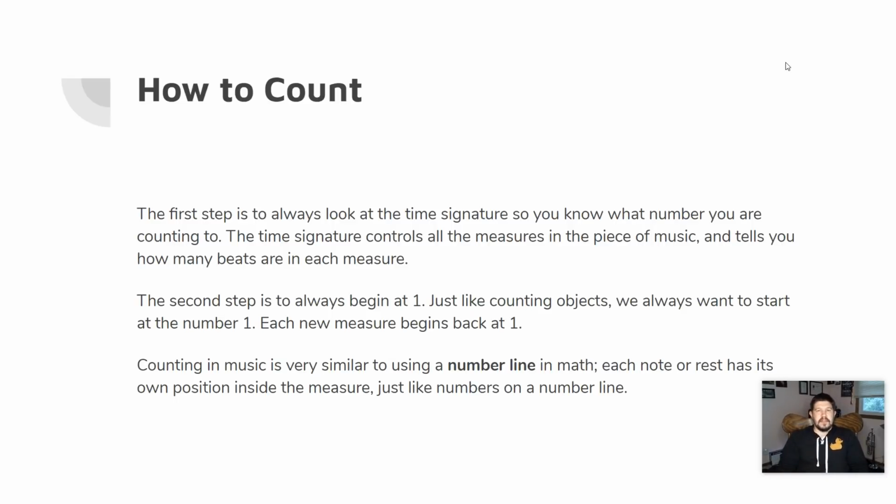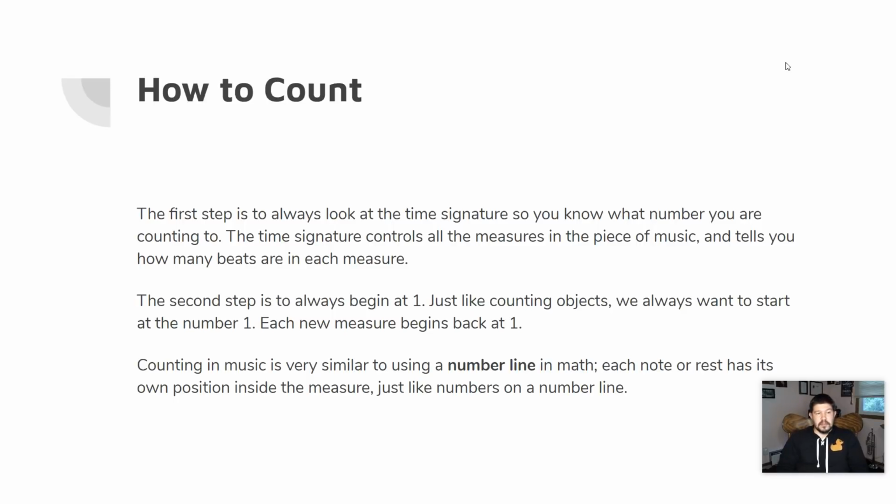Even though the time signature controls the number of beats, each new measure is always going to start back at the number 1. That means that each time we finish a measure, we don't continue on to 5, 6, 7, 8. We go back to 1 every single time.